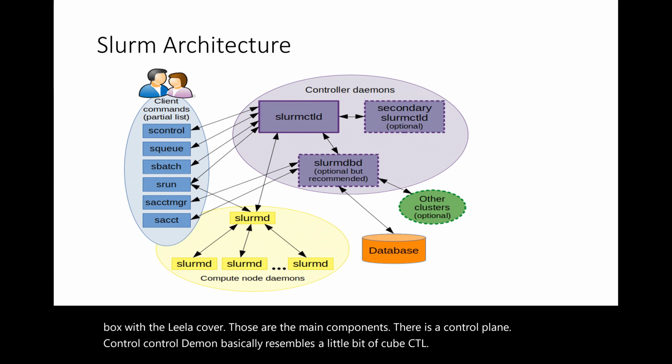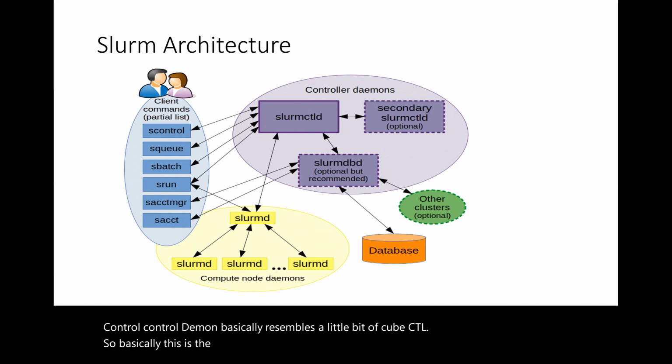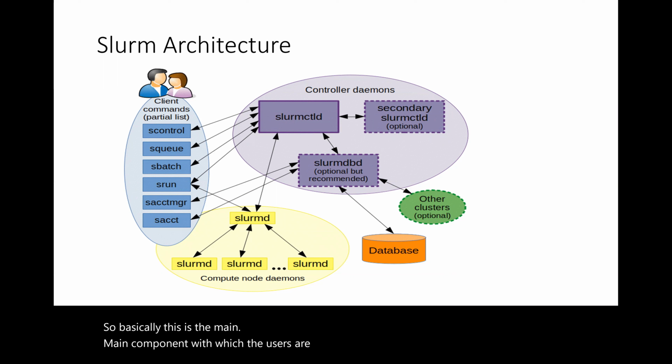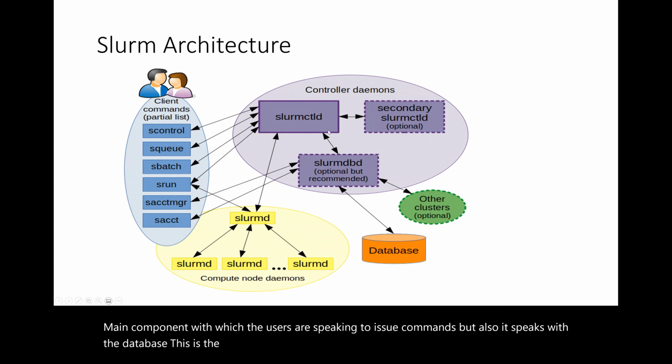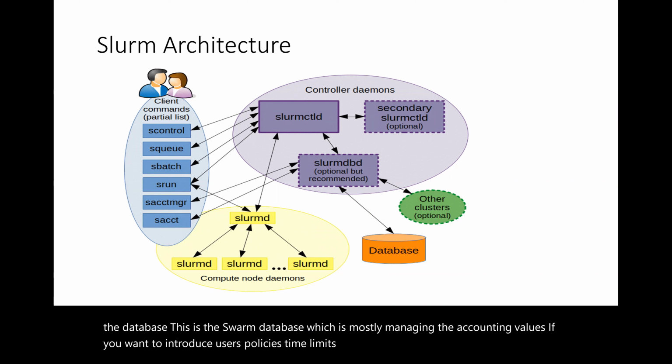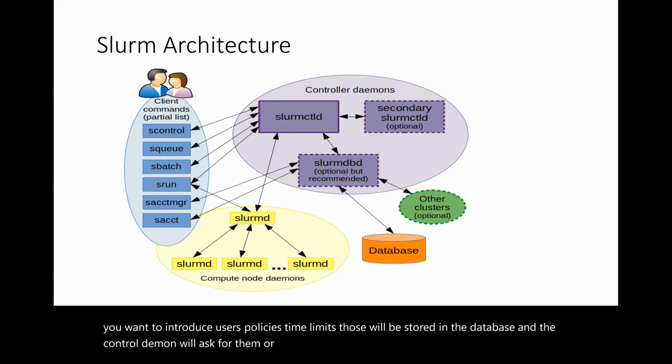This is the main component with which the users speak to issue commands, but it also speaks with the database. This is the Slurm database, which mostly manages the accounting values, like if you want to introduce users, policies, time limits, those will be stored in the database. And the control daemon will ask for them, or basically they will be pushed back.